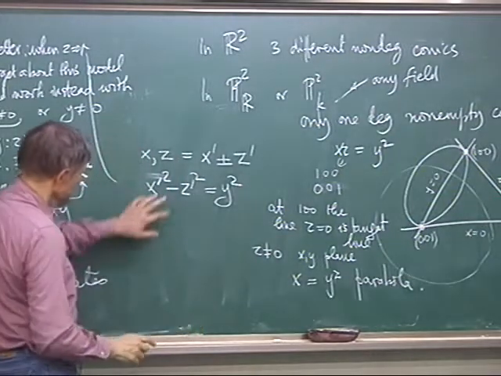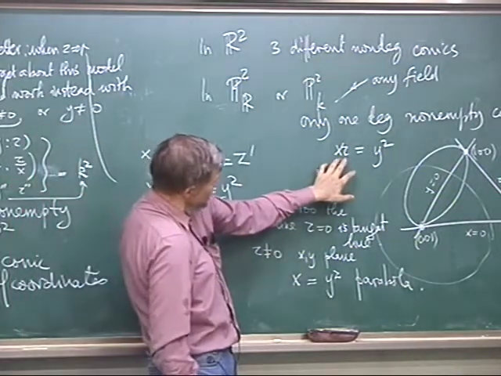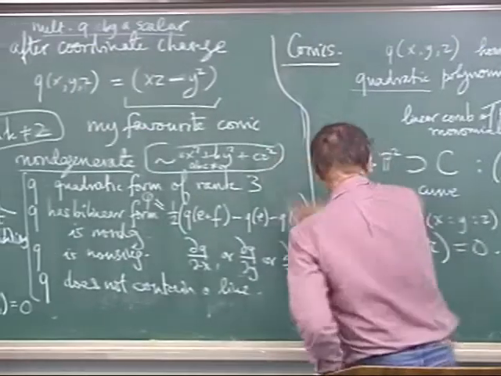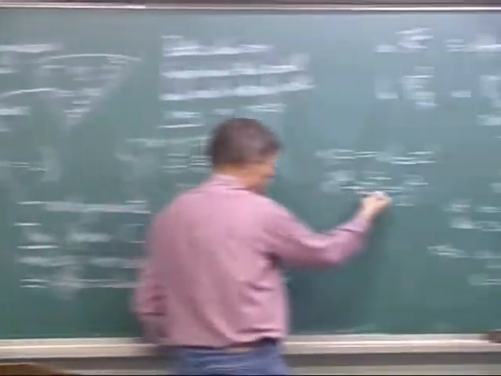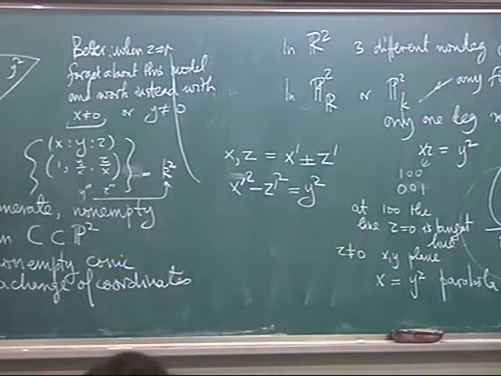So there's a little change of coordinates. The equation xz equals y squared is my favorite equation for the conic, but I can easily make a change of coordinates and get a different one. At least in characteristic not equal to 2, this is an immediate coordinate change. In characteristic 2, you just have to do something slightly different.